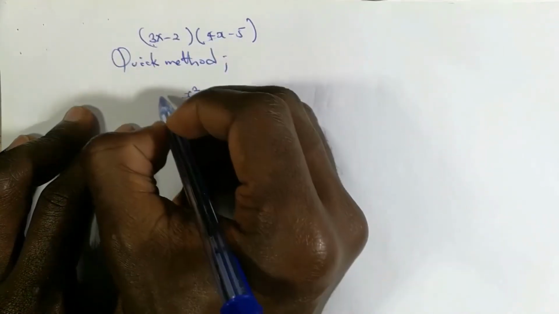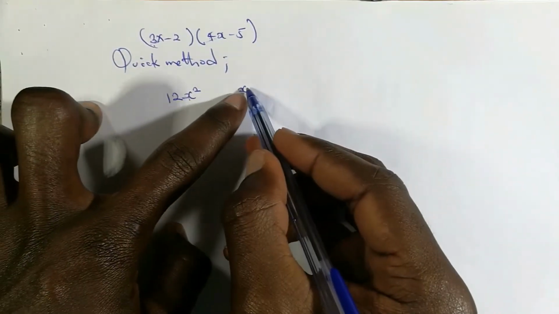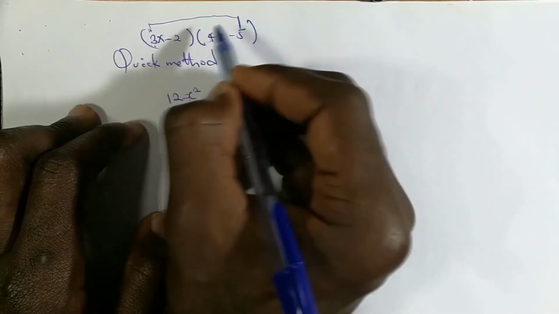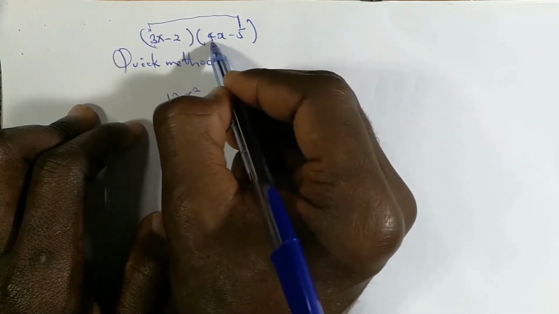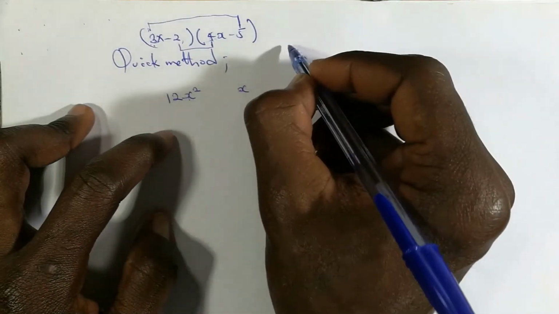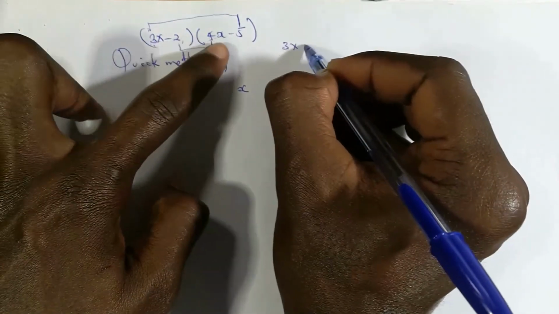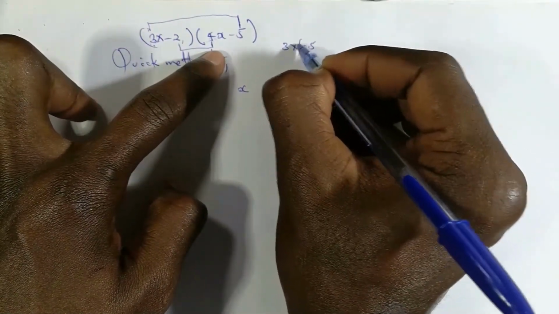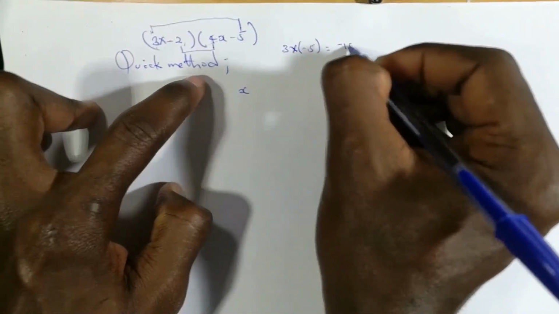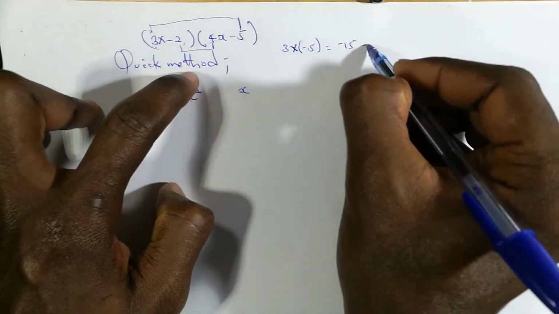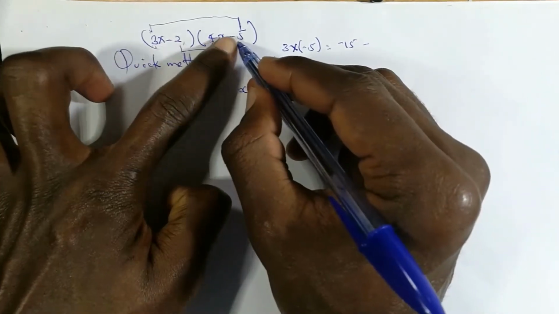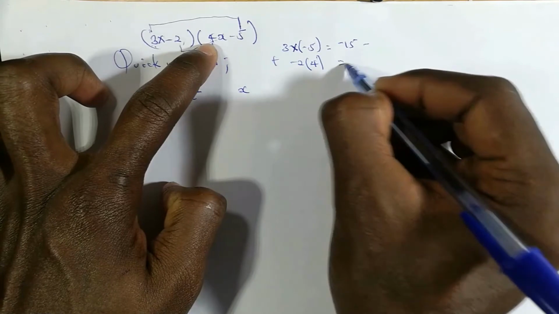3 times 4 will give us 12. To get the coefficient of x, we multiply the coefficient of the first term with the second term, then we add them together. So we multiply 3 by -5, 3 times -5, which is -15. Then we add to this -2 times 4 to give us -8.